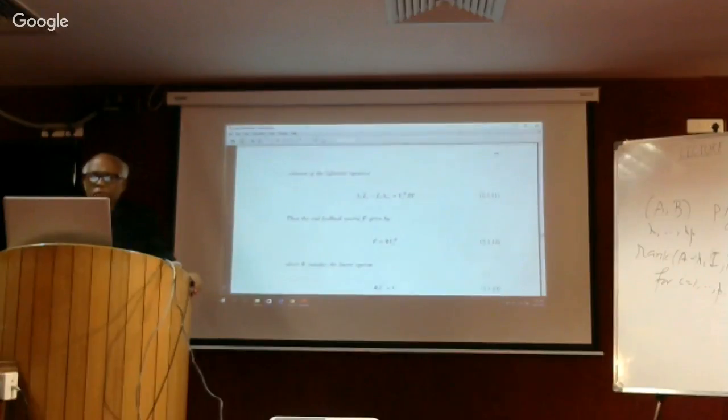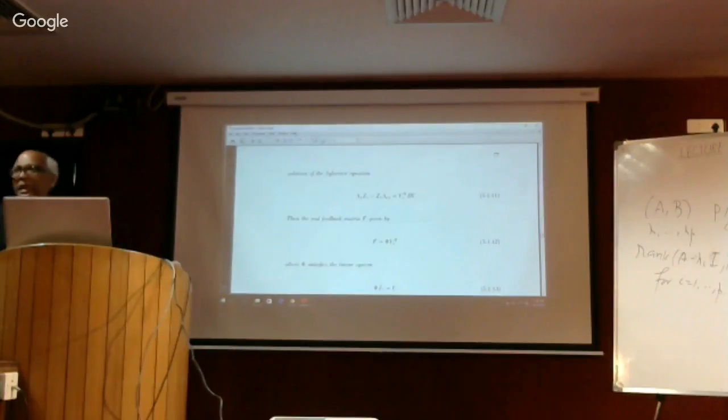Okay. So here is the solution. Suppose I compute the feedback matrix F as follows: F equal to P times Y1 Hermitian, where P is any arbitrary matrix. I know it's parametric, any arbitrary matrix.